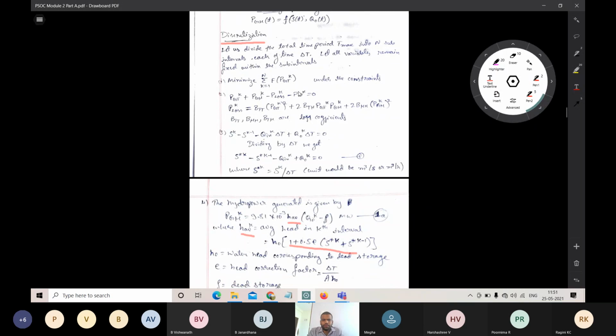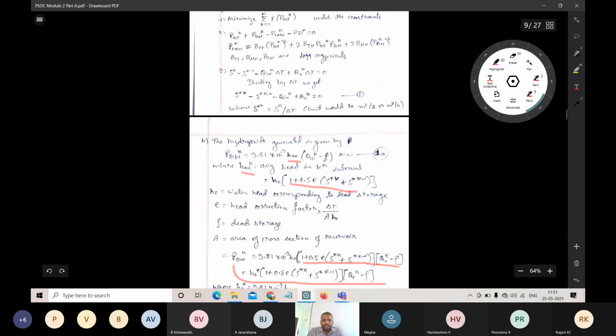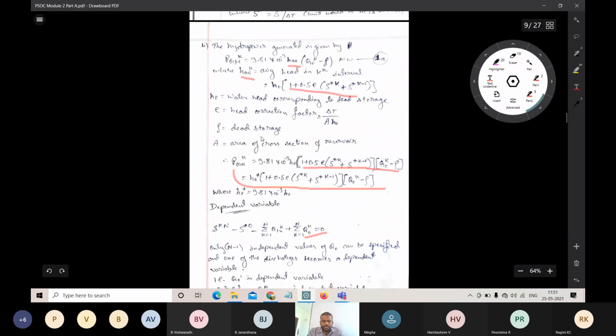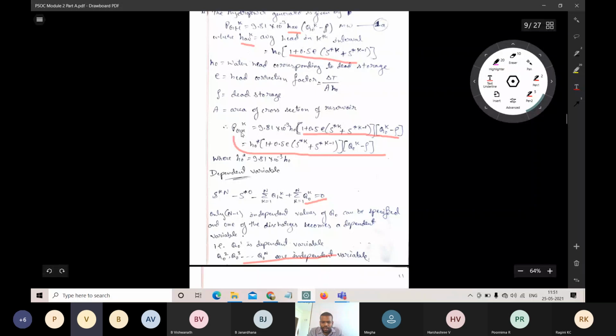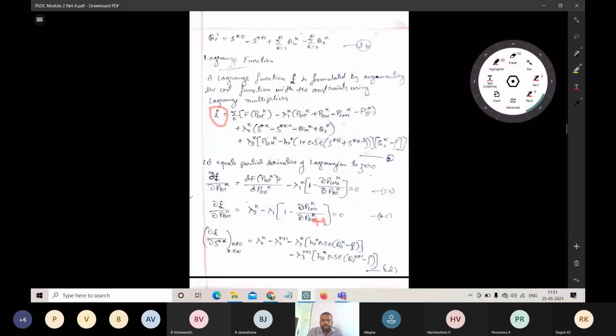We used SK, QK, the storage and the amount of water discharge. So PGH, we solved the PGH. We found the dependent variables and the independent variables in the discrete time interval method.